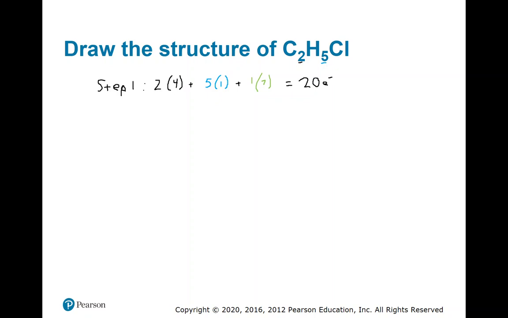Now, remember carbon is pretty much always the best choice for a central atom, if it is in the molecule at all. And in fact, this formula might remind you of the example of ethane from a few slides ago, which was C2H6. And if you remember back to that molecule, we had a carbon-carbon single bond, and we had some hydrogens, 3 hydrogens attached to each carbon.